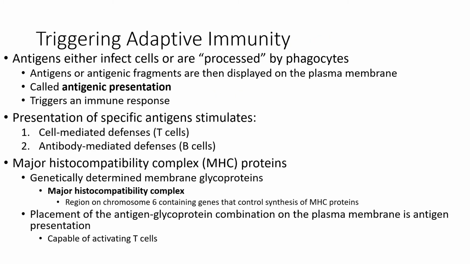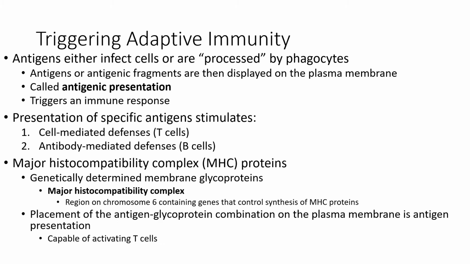Alrighty, so moving on to triggering adaptive immunity. The first thing we need to talk about is the fact that antigens are either going to infect cells or are going to be processed by phagocytes.